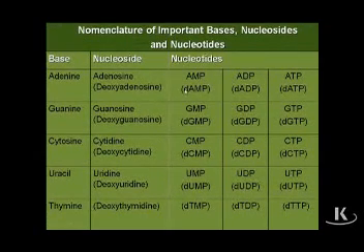Now, if you see a little D in front of one of the abbreviations for one of the nucleotides, that simply means deoxy. And remember, which carbon is it that becomes deoxy, that makes something DNA versus RNA? It's the 2' carbon. Remember that 2' carbon. That's key in differentiating RNA from DNA.